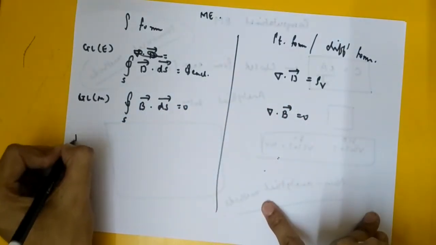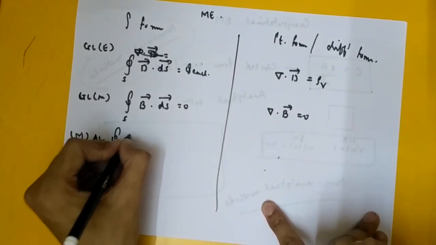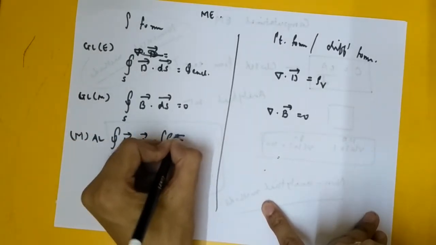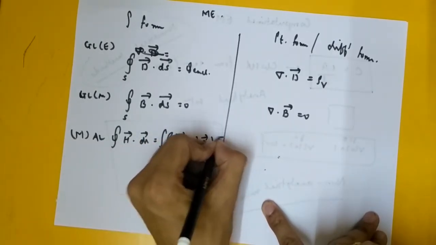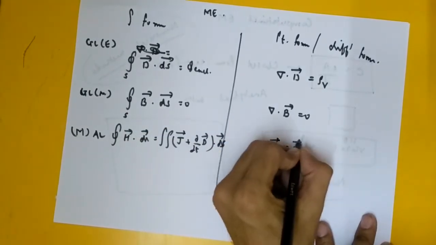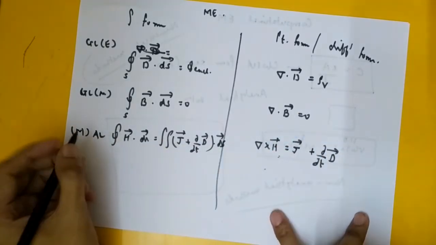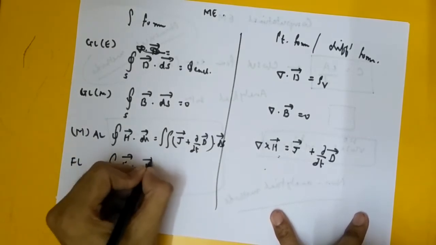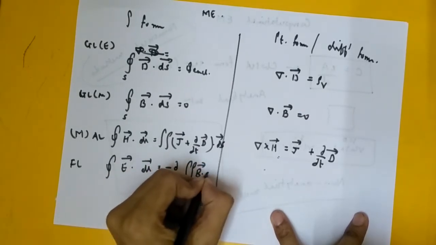Then we have the modified Ampere's law. Closed integral of H vector dot dl vector equals surface integral of J vector plus partial derivative of D vector with respect to t, dot dS vector. Point form is del cross H vector equals J vector plus partial D by partial t. Finally we have Faraday's law. Closed integral of E vector dot dl vector equals minus partial by partial t of surface integral of B vector dot dS vector.